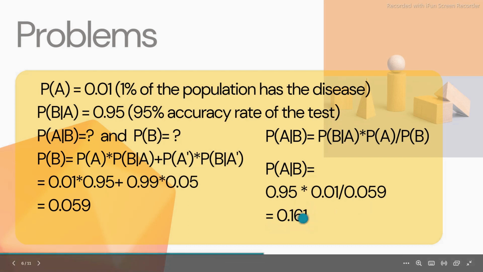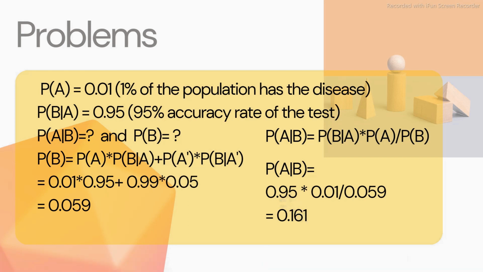Means if you convert this to percentage form, there is 16% of the population whose test becomes positive, means they have the disease and their test becomes positive. Means there are 16% of people in the population whose tests are positive, and this is how we calculate the Bayes theorem.